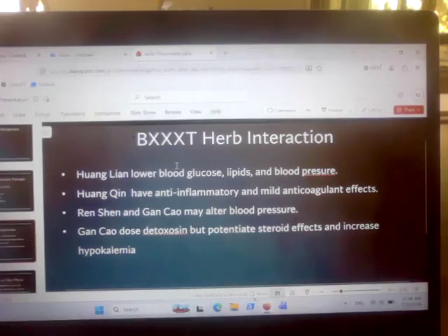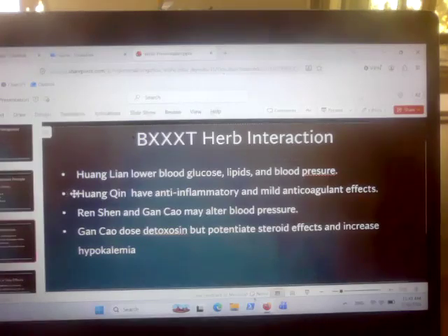Huangqin is another herb in Xia Xie Xin Tang used here to have anti-inflammatory and mild anti-coagulant effects.